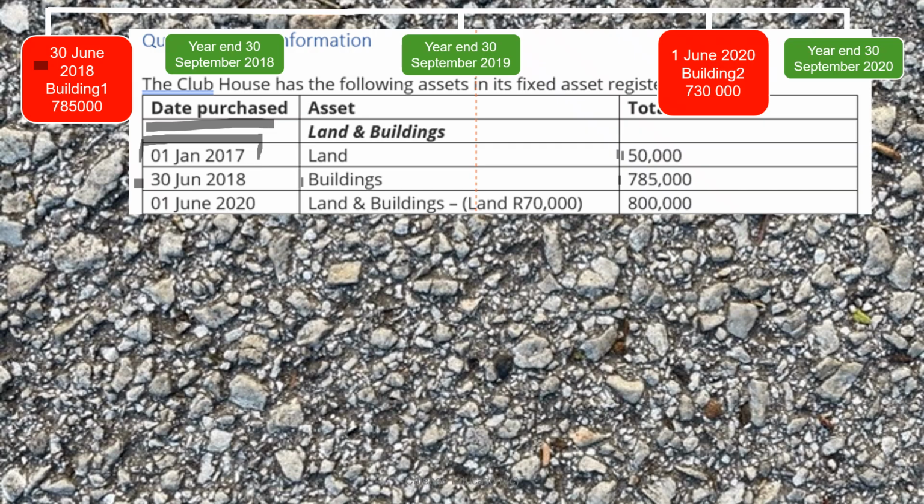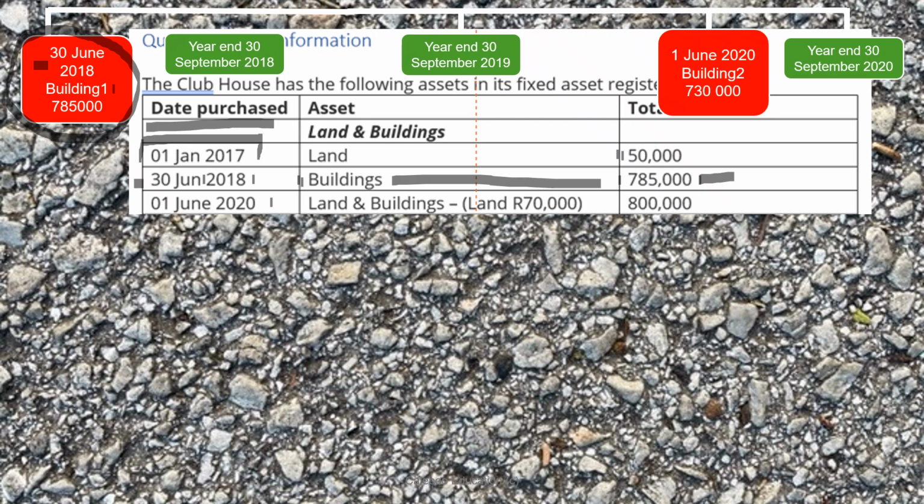Now assume that buildings were made on the land 30th of June 2018, built, and the building was 785,000. That must get depreciated from building number 1, the 30th of June 2018.